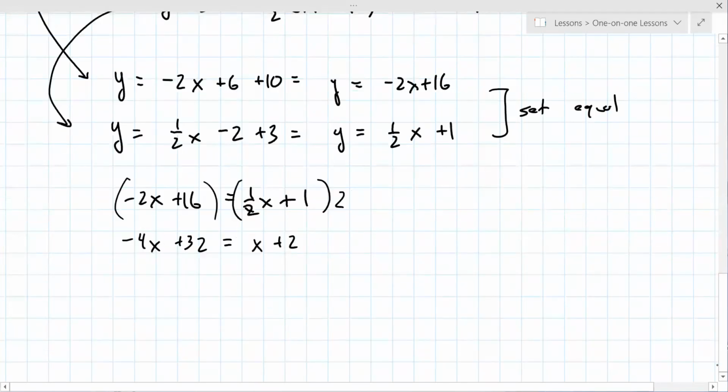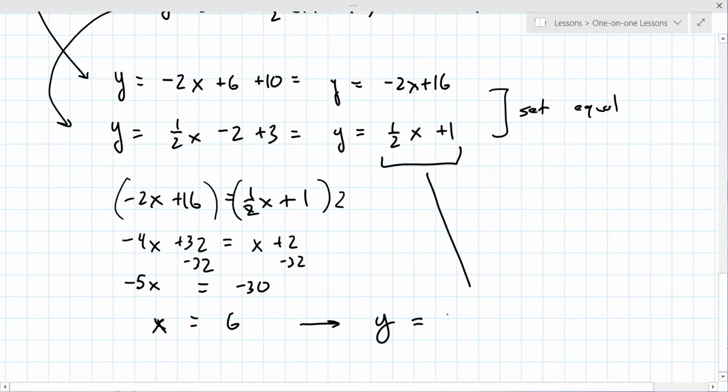I'm going to subtract x from both sides, so I get minus 5x, and subtract 32, equals negative 30. So x ends up equaling 6. And then to find y, you can put 6 back into one of these equations. So we'll bring this one down here. 1/2 of 6 plus 1 is 4.